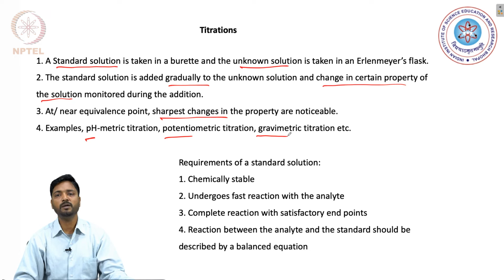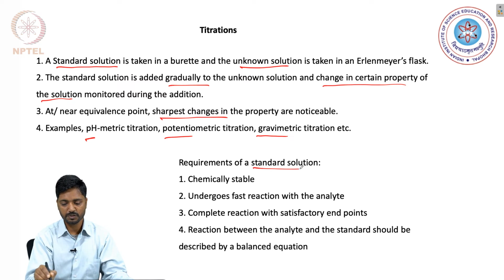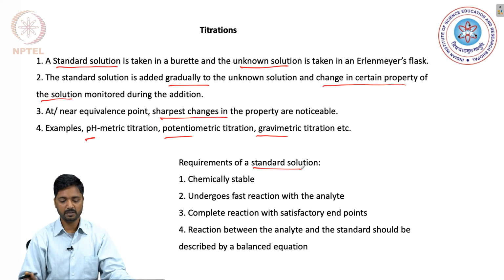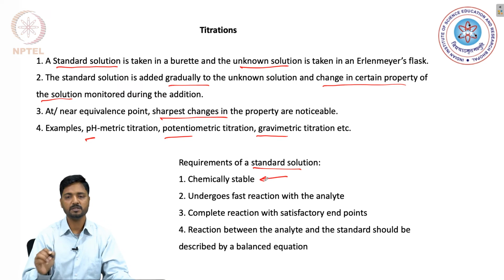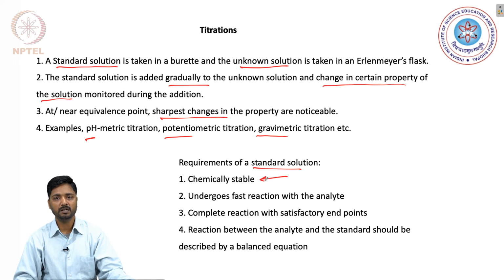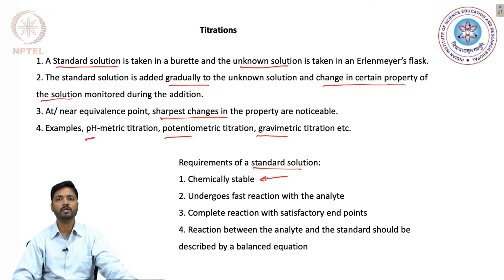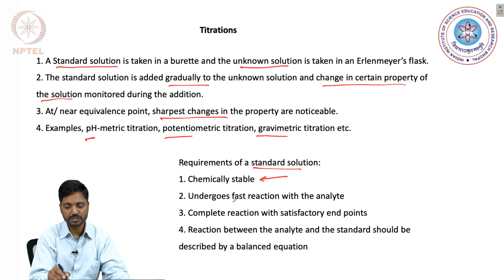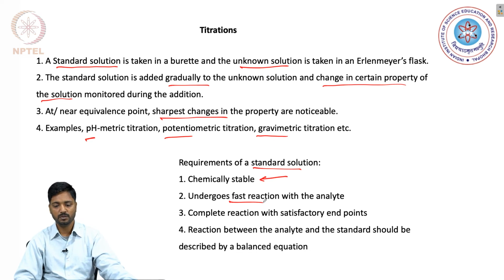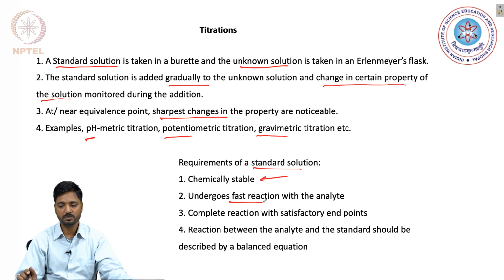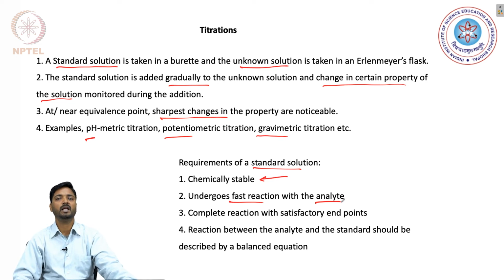So what are our requirements with regards to the standard solution? We want our standard solution obviously to be chemically stable in the conditions in which the titration is being performed, and we want a quick or fast reaction to happen between the standard solution and the analyte of interest. For example, when we add acid and bases, the reaction is generally very fast.